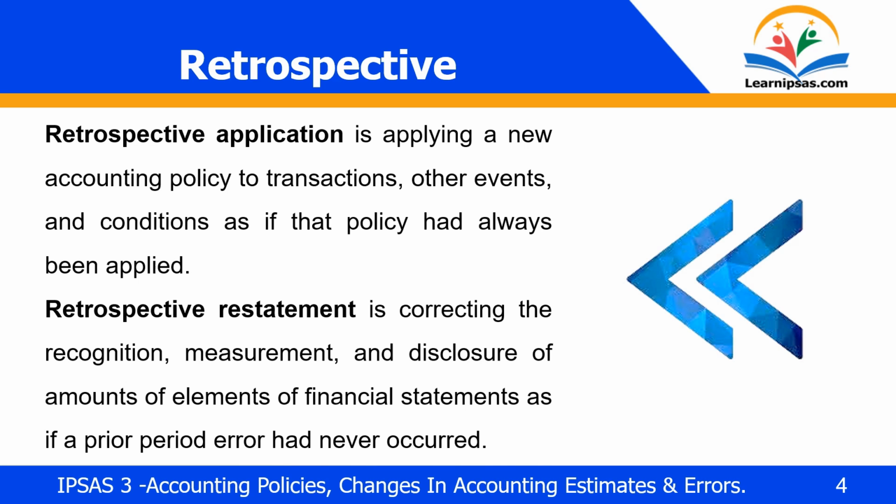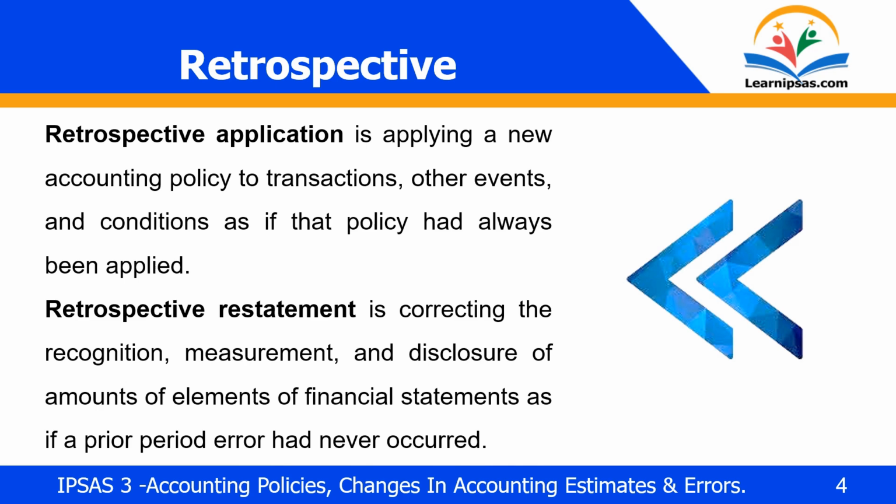The key aspects of retrospective application. When doing retrospective, we look at historical adjustment. The entity adjusts prior period financial statements to reflect the new accounting policy or corrections if it already applied. Normally, when doing financial statements as guided under IPSAS 1, there is the current year and the comparative year.